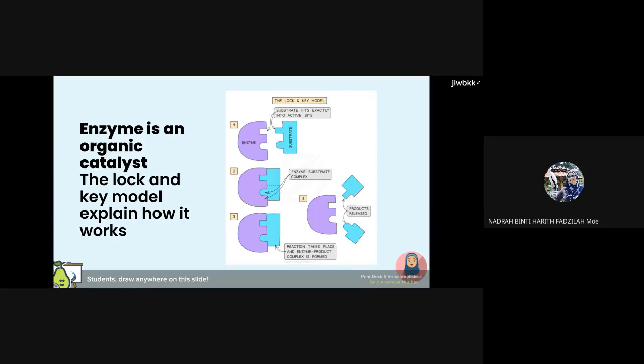Okay, so bila kita bercakap pasal lock and key model, kita selalu kena declare dulu siapa jadi lock, siapa jadi key. So dalam kes ini, cuba kamu labelkan pada Rajah siapa lock, siapa key.